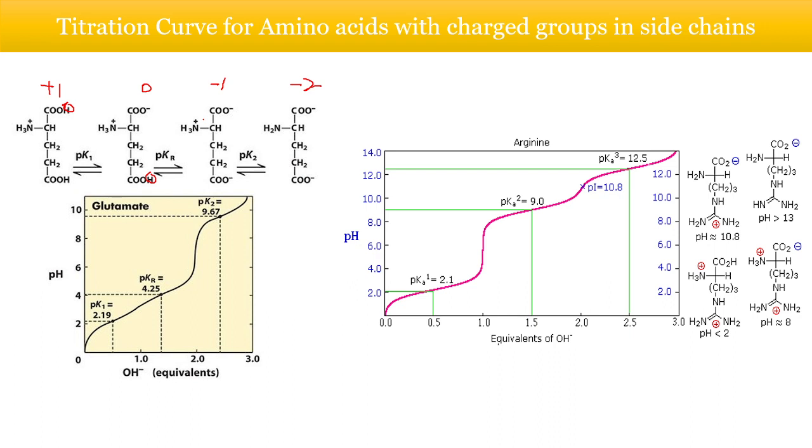So in this case, the question is, how are we going to calculate the PI? Because now we do not have 2 pKs, we have 3 pKs. Which 2 pKs are we going to consider?